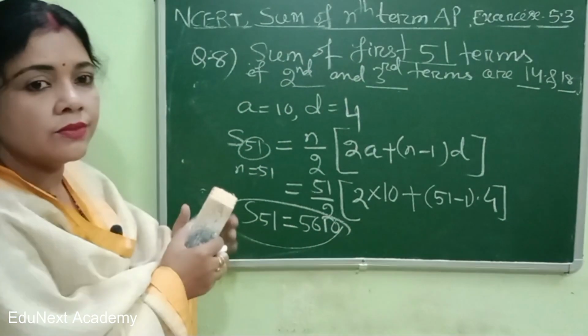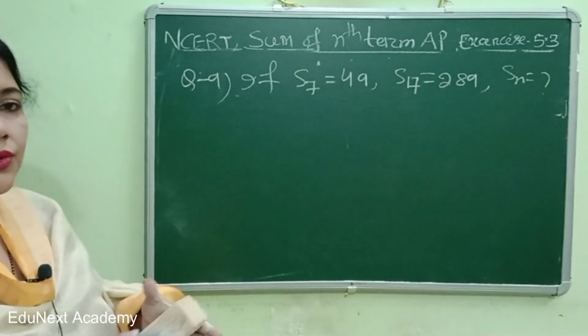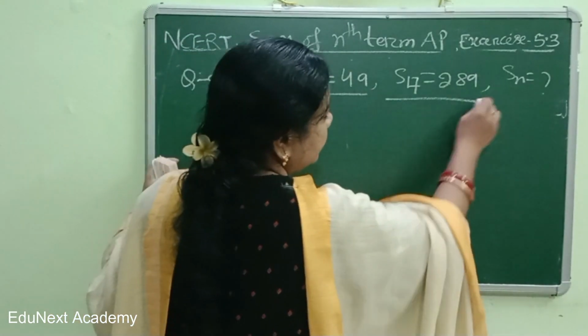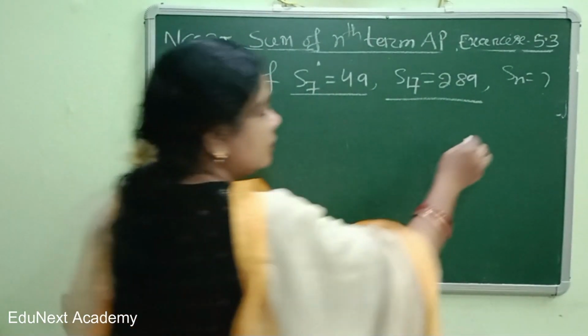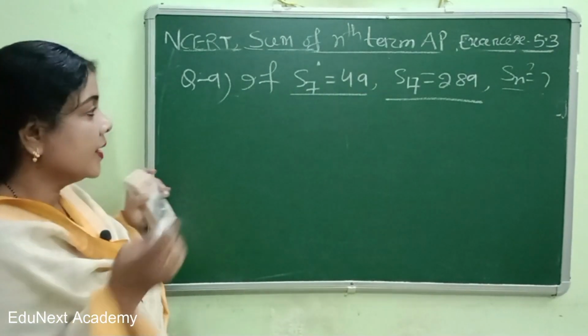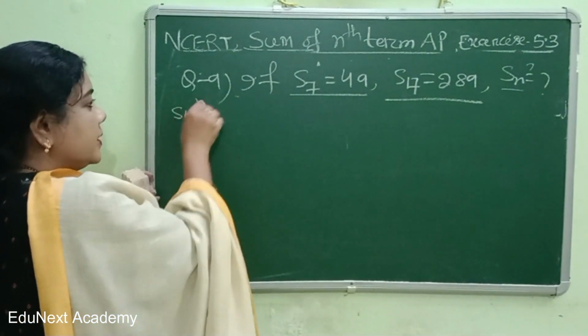Now let us solve question number 9. Given S7 is 49 and S17 is 289, we need to find the sum Sn. So how to solve this?